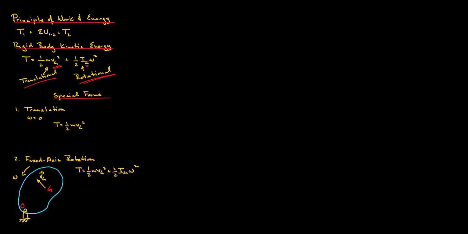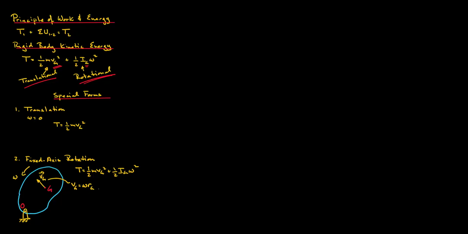However, if the rotation is about a point other than G, such as shown here, where the rotation is about point O, then what we can say is that v_G is equal to omega r_G. And this we know from fixed axis rotation.